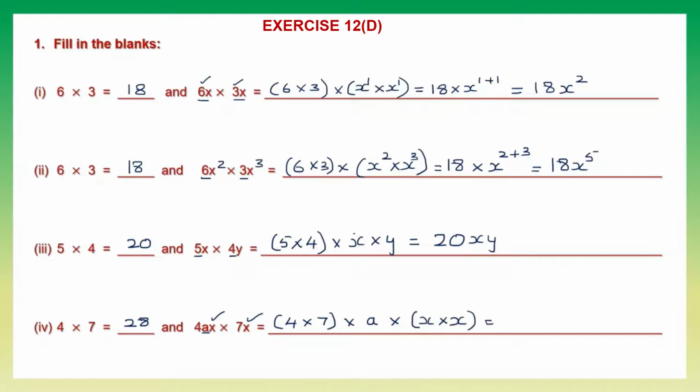Okay, so let's multiply the numbers. 4 sevens are 28 into a into x. We have to add up the powers. 1 plus 1. So what do we get? 28a x to the power of 2. So that's our answer. 28ax square.